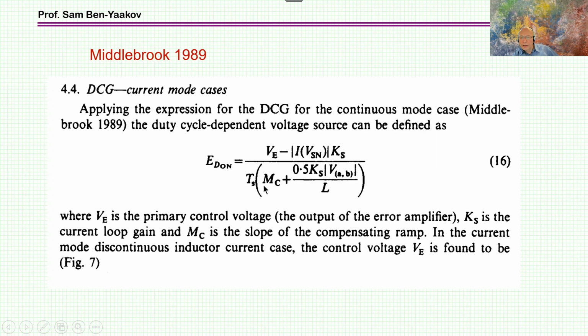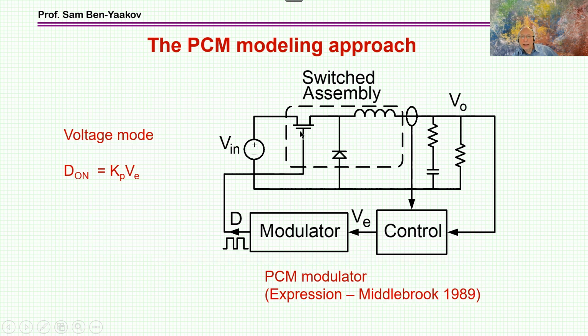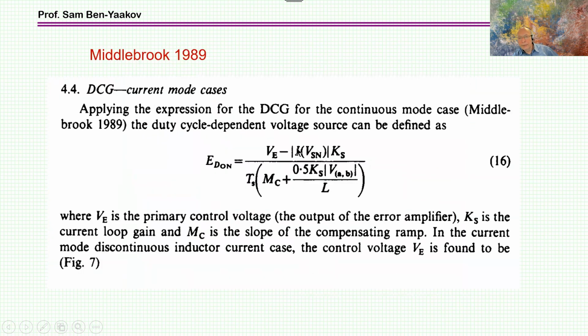This is the slope compensation, the period of the switching, the 0.5. This is again the same K. And this is the voltage, VAB, during the on time. Remember, in the switched inductor, during the on time, we have this A and B, which is connected, which is one branch. Well, let me show it here, okay? A and B. I'll talk about it in a minute.